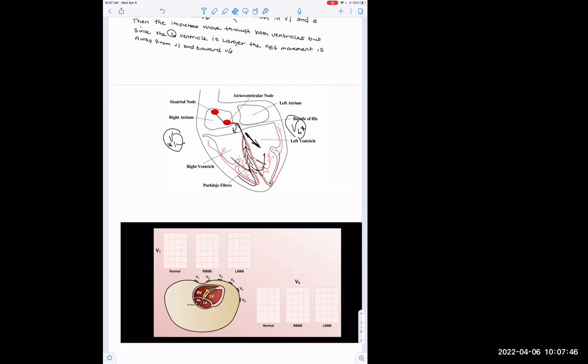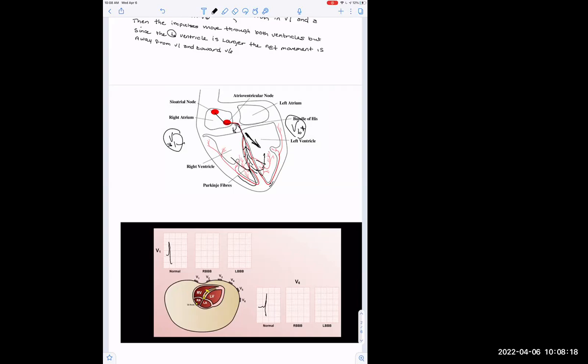I keep making these wide QRSs, but you have to remember the QRS is not going to be wide because we're talking about normal conduction through normal pathways. We're using the interstate, so the impulses are traveling faster and they're getting where they need to go quickly. So that is normal cardiac conduction.